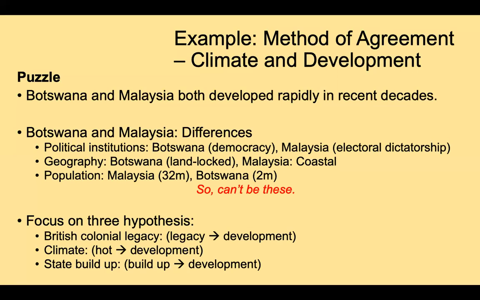Many argue that a British colonial legacy should correlate with long-term economic development because those liberal institutions tend to promote growth and widespread and relatively egalitarian participation in politics and the economy. Both Malaysia and Botswana have this British colonial legacy. They were both British colonies. Therefore, we might hypothesize that this legacy should drive development.